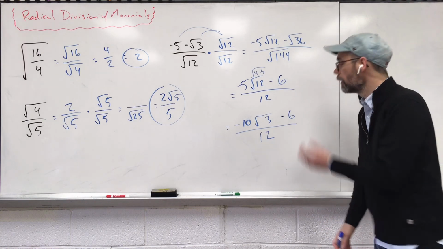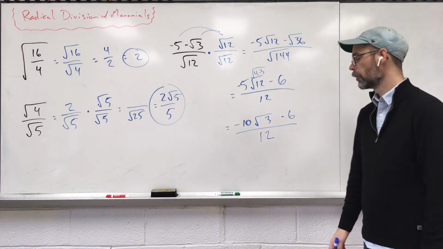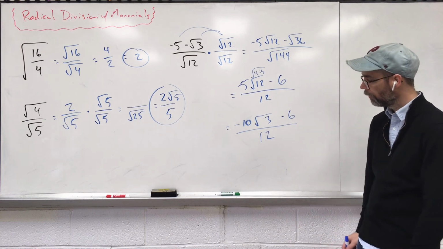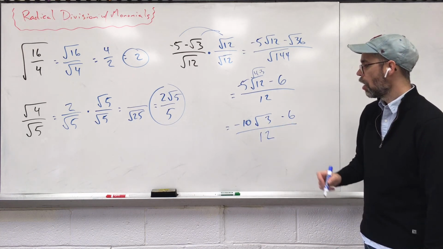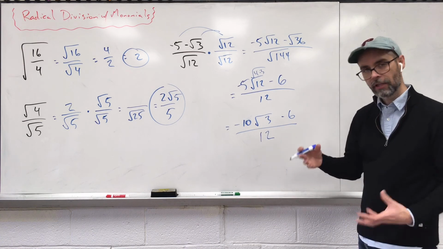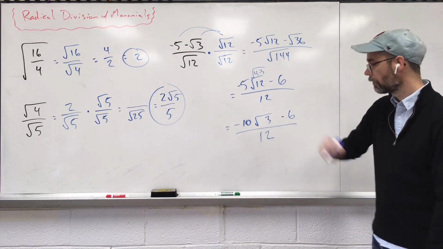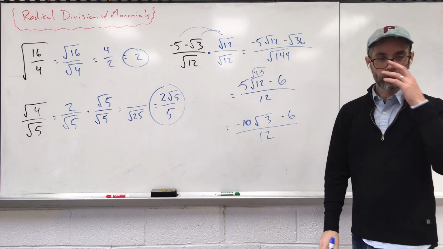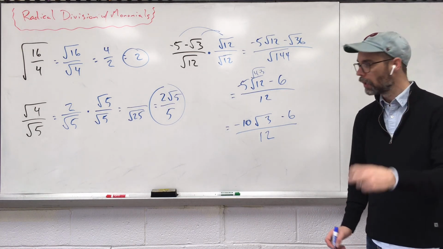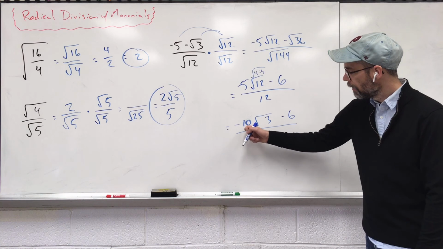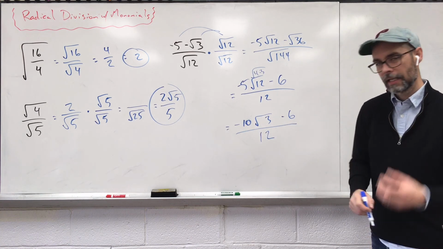Are we finally done? No again. Why? Well, this time 12, 6, and negative 10. All these numbers that are on the outside of the house, not the radical, they're all even numbers. They all share something. The number they all share is 2. I want to cut this 10, 12, and 6 by a 2.